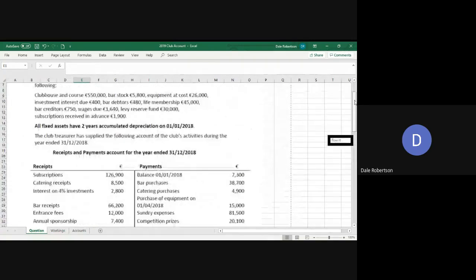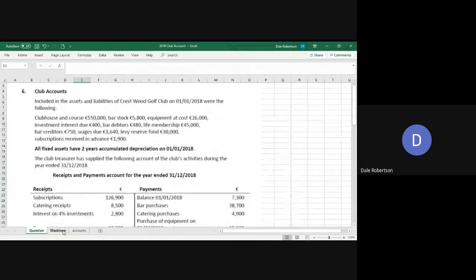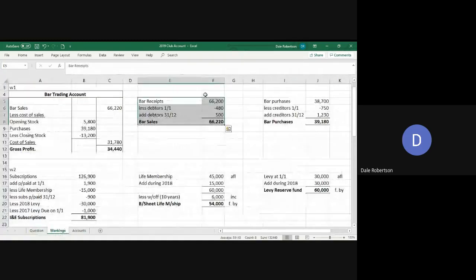So therefore, we have to do a simple little calculation here where you have to take your bar receipts and subtract your debtors at the start of the year, because if somebody owes you money at the start of the year, then you must have sold something to them last year. So therefore, it's not relevant for this year's sales. And you add on your debtors at the end of the year, and you get your bar sales number, which in this case is 66,220.